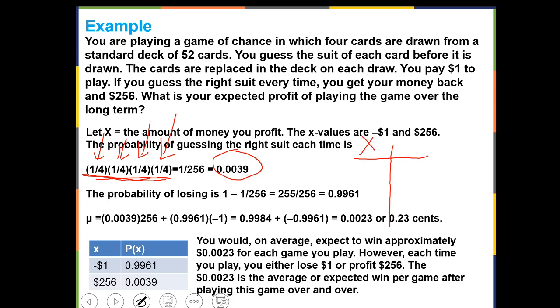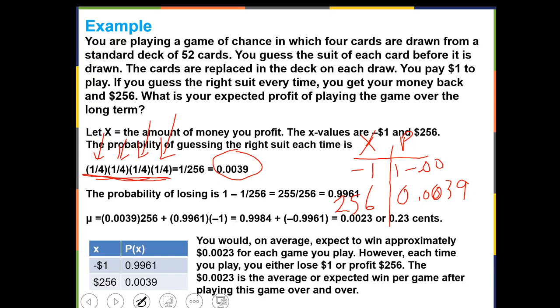Well, let's let x be how much money you're going to have after you play this game once. Well, you can lose $1. And what's the probability of losing $1? Well, we're going to calculate that. But you can also win $256. What's the probability of winning that? Is 0.0039. So that's the probability of winning, and that's the probability of losing.